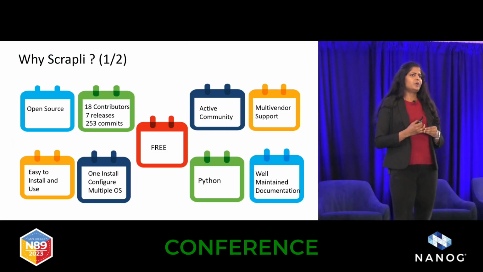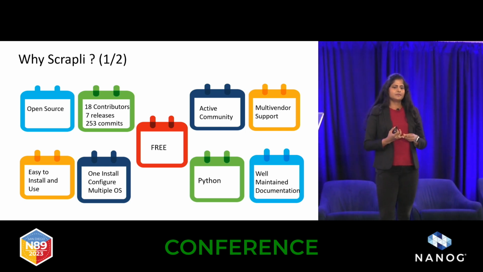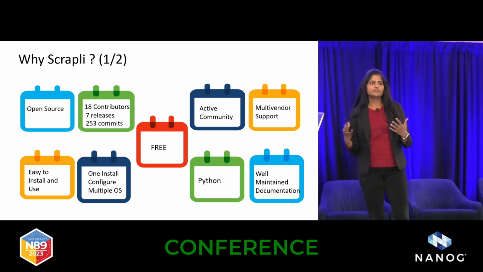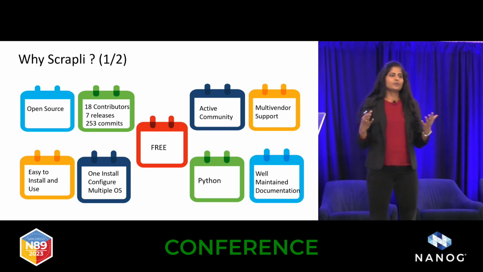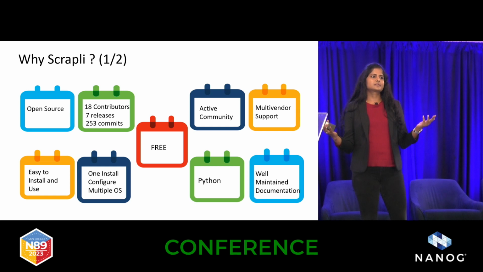So why is it important? The main reason is it's an open source tool managed by 18 contributors. They have done 7 releases with 253 commits. So it's free, so why not? Why can't we just go ahead and try?